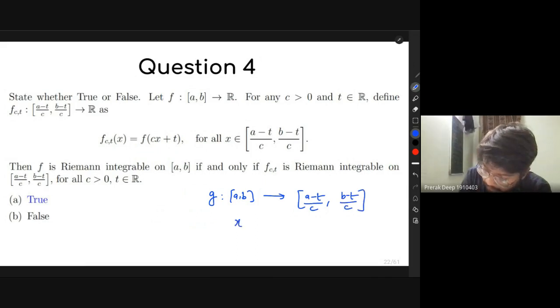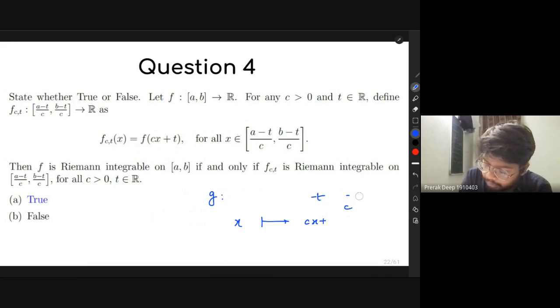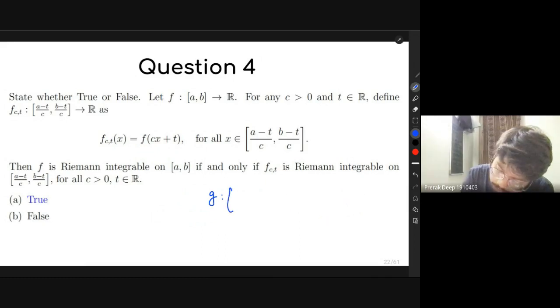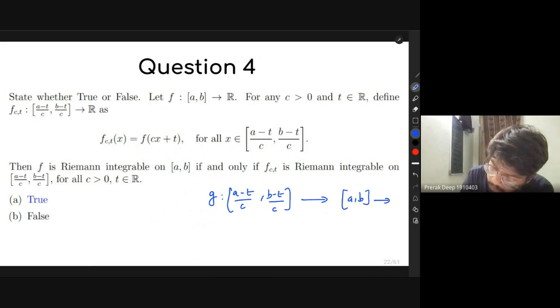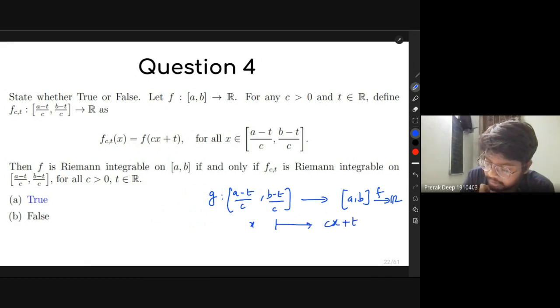So if you take x, it goes to cx, sorry, my bad. So it is a function from this domain to [a, b], and then on [a, b] you have f defined. So if you take x here, it goes to cx plus t.